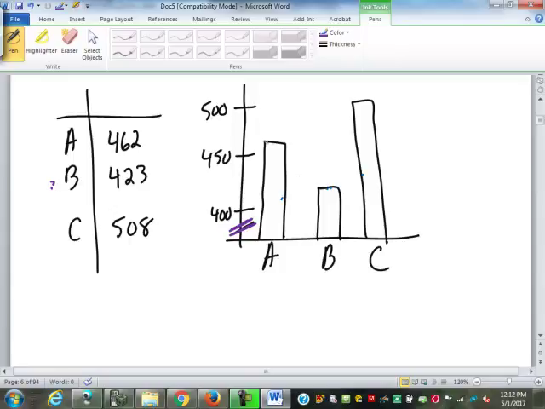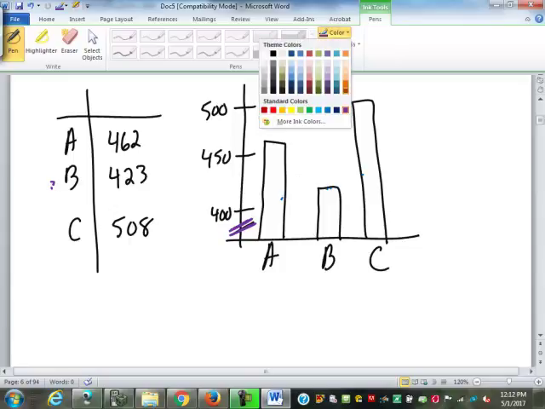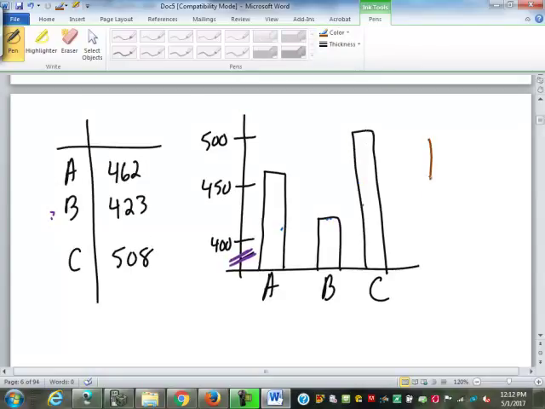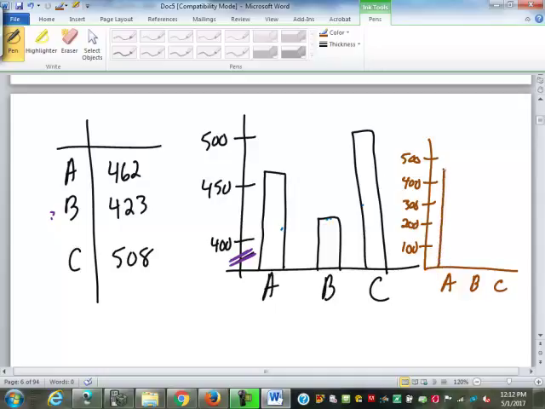Now, there's reasons why we would do that. It's much easier to see these now. If I compared that to a graph done without doing it that way, where I'd have to start numbering at 0. So A would go up like that.